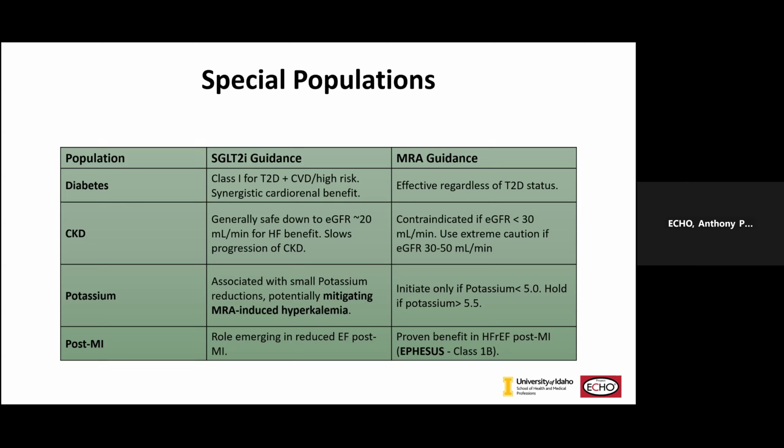And with MRAs, we want to make sure that we're only initiating if the potassium is less than 5, and it is okay, like Dr. Longenecker was talking about a couple weeks ago, to keep it on as long as the potassium does not go above 5.5. Post MI, we're seeing that both of these medication classes have roles in reducing heart failure events after MI. So next one, please.